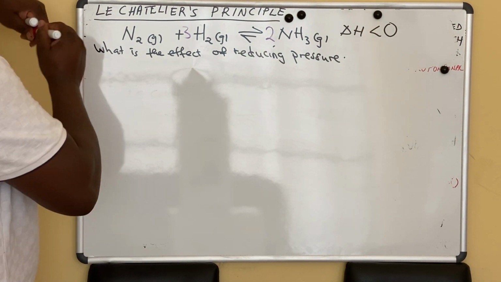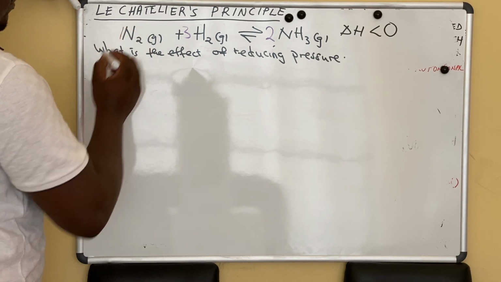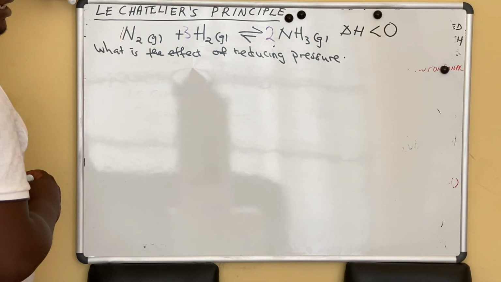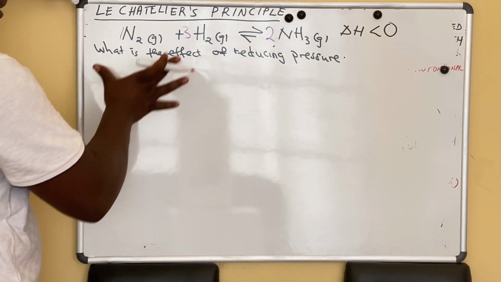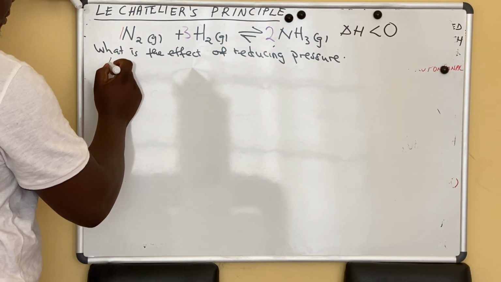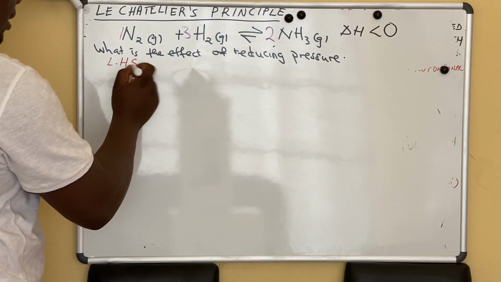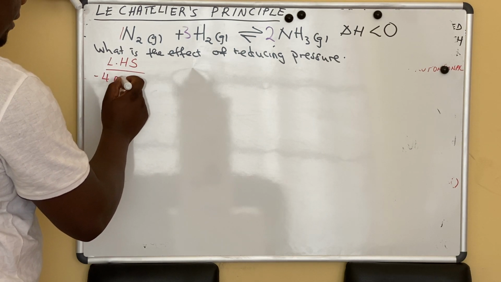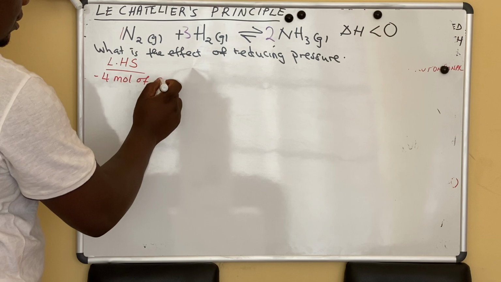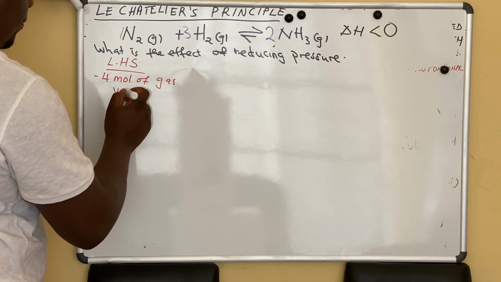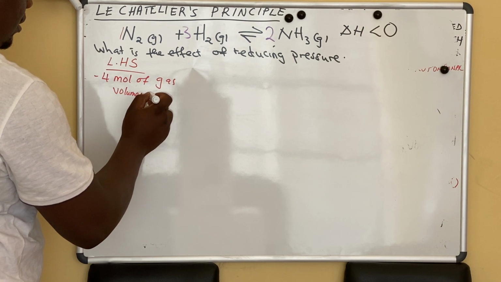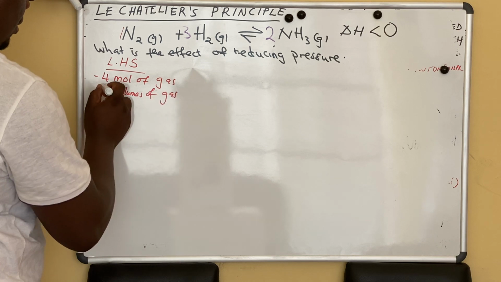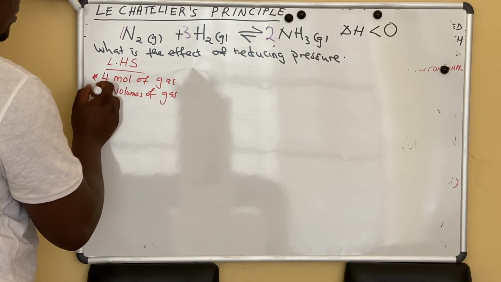So now, here, we know already that we have 1 mole of nitrogen gas. So it means on the left hand side, there are 4 mole of gas, or there are 4 volumes of gas, whichever you prefer to use, doesn't matter.